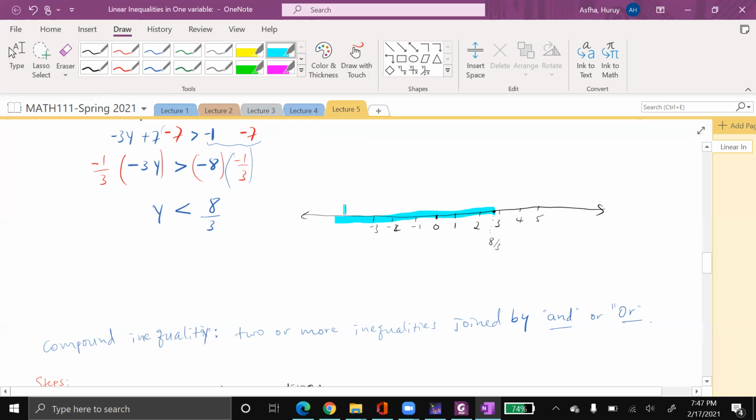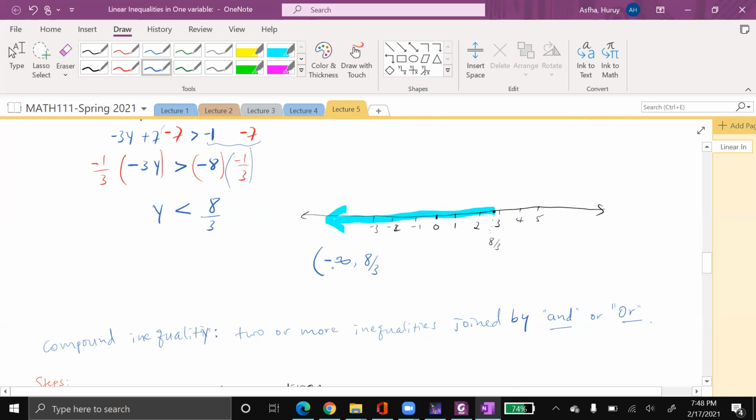And this arrow again goes to infinity. Since it's going to the left, it means negative infinity in this case. Now, to write this in interval notation, negative infinity because of this one, comma, and here we have 8 over 3 as a border line. So 8 over 3.